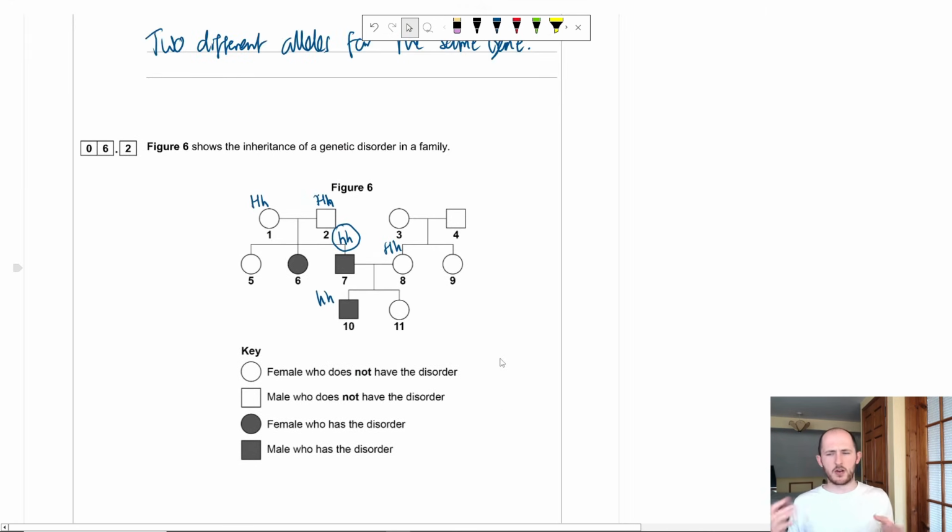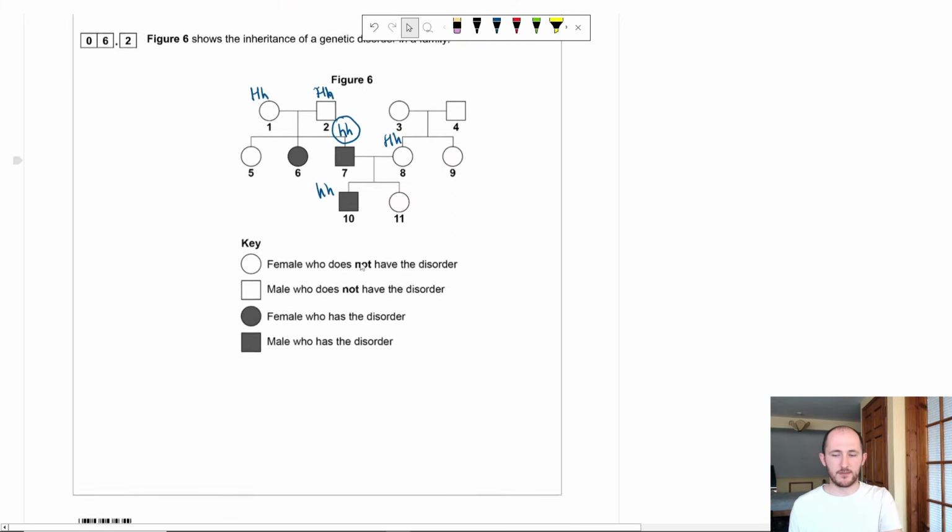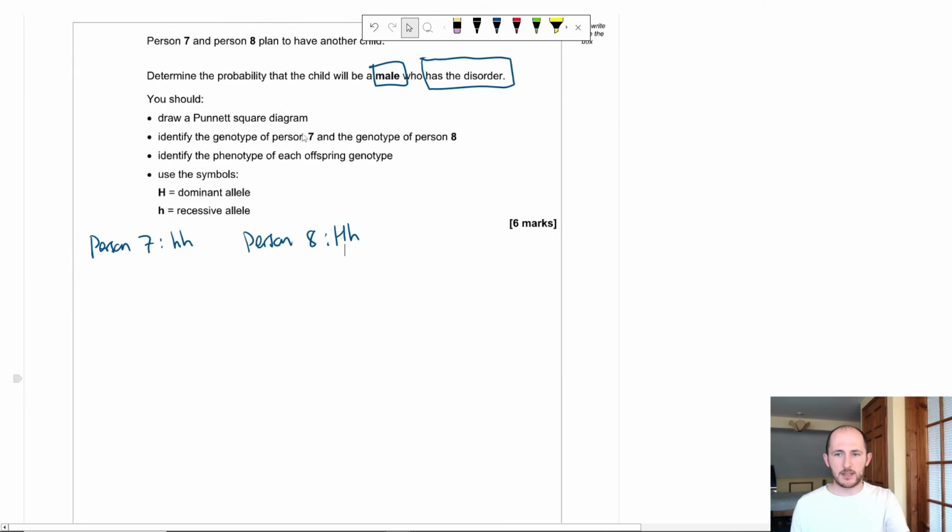It's kind of like a logical puzzle in that sense. So again, one last time, if a child has the recessive trait, both parents have to have, at minimum, 1 recessive gene each. Just like here, they both had to have 1 each to have kids that had the recessive trait. Okay, now we need to draw a Punnett square diagram.